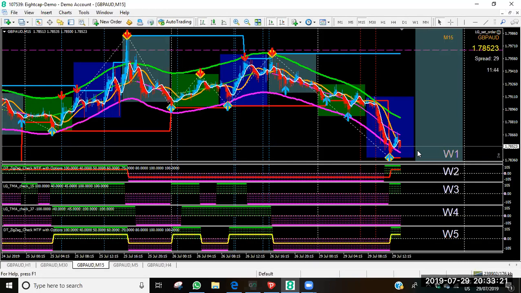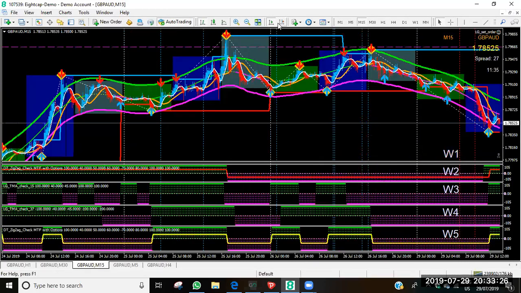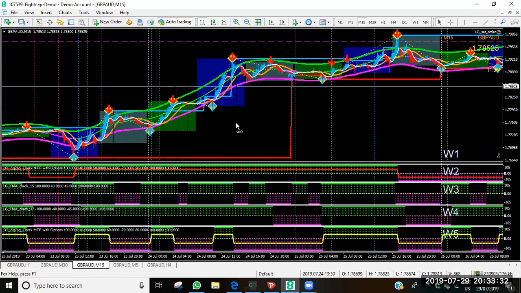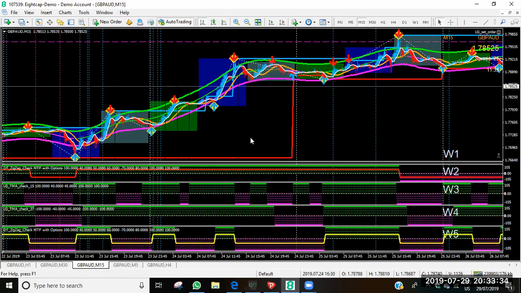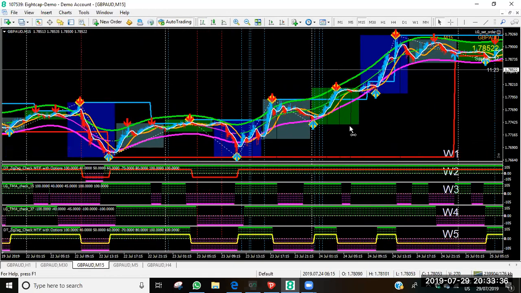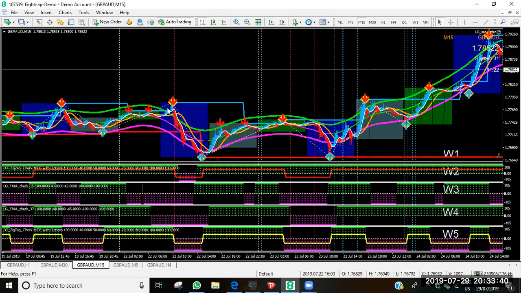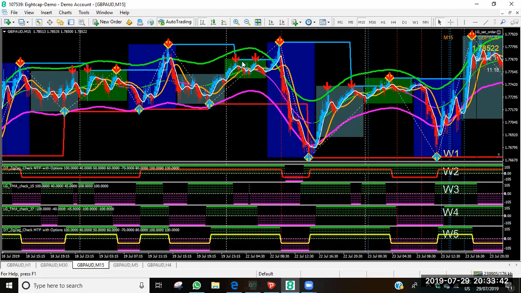Another reason why these session times are good is it lets you quickly see how consistent that session is. So you can see, I can take any of these and there'll be a minimum of 50 pip movement in that blue session.